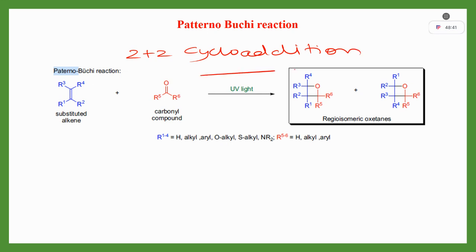So you will be provided with an alkene and a carbonyl compound, and on arrow, photochemical conditions will be provided to you. So basically, these two isomers you will get, right? Yes or no? Until and unless there is preference for one.